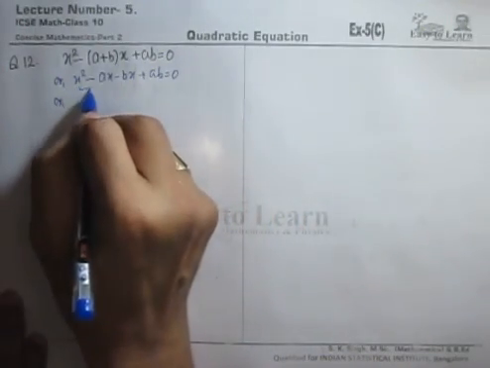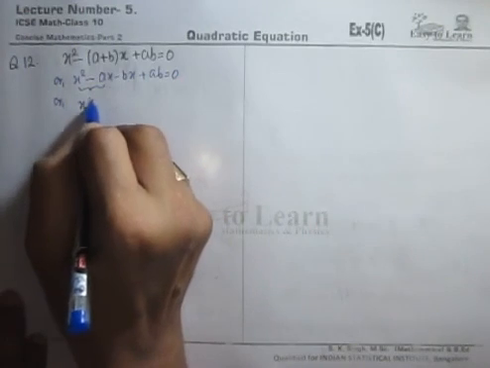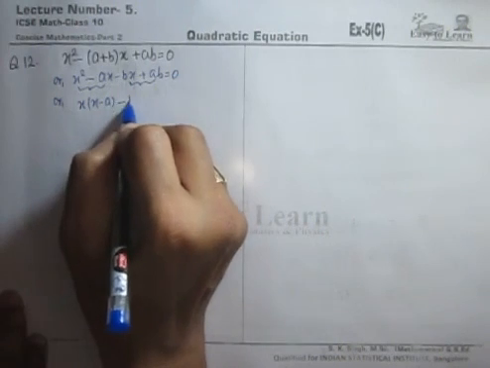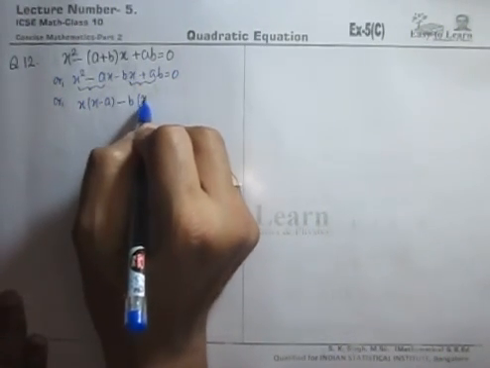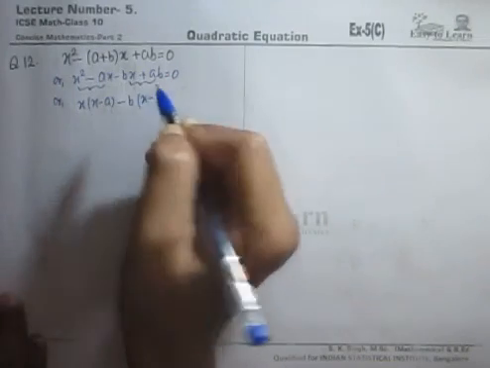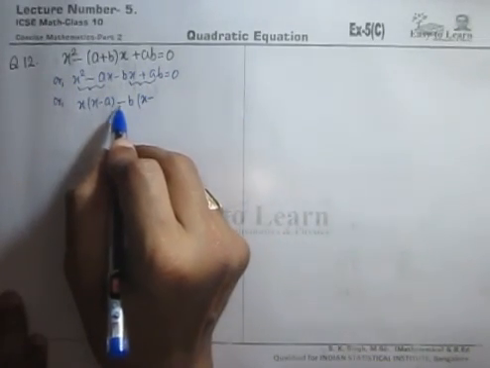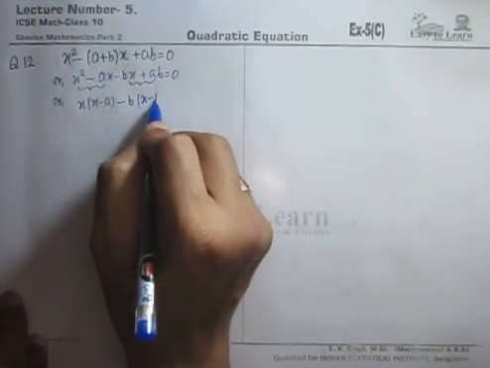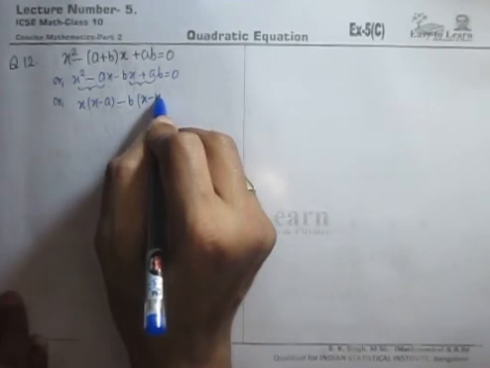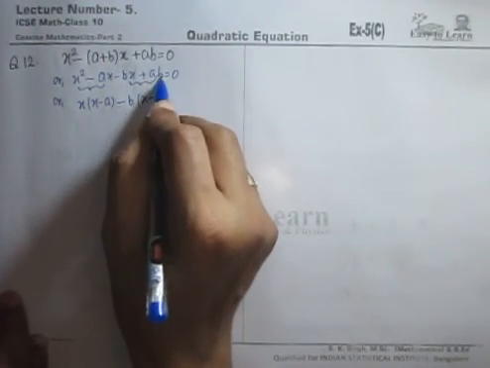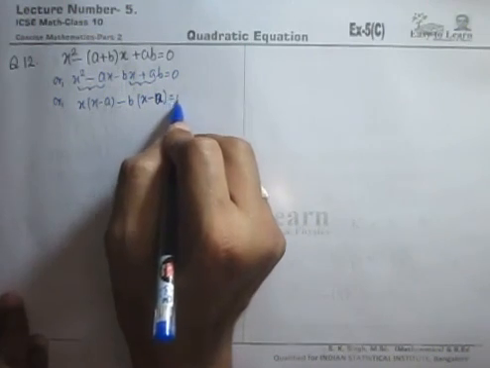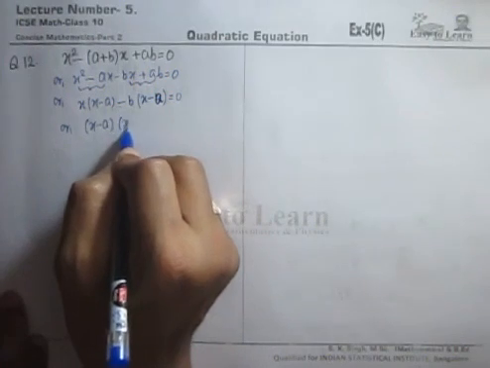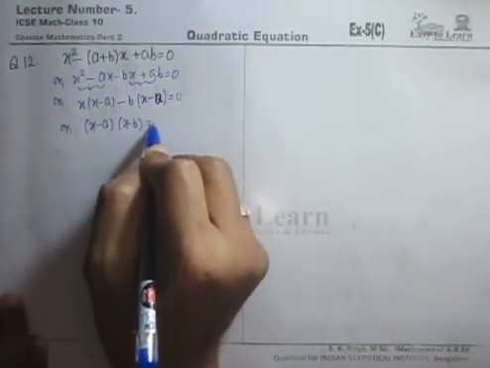Now from these two terms we can take x common, so we get x minus a. From these two we can take minus b common, so it will be x, and this plus converts into minus because you have taken minus common outside. So minus minus becomes plus, and here it is a. After taking b common we are left with x minus a. So (x minus a) into (x minus b) is equal to 0.